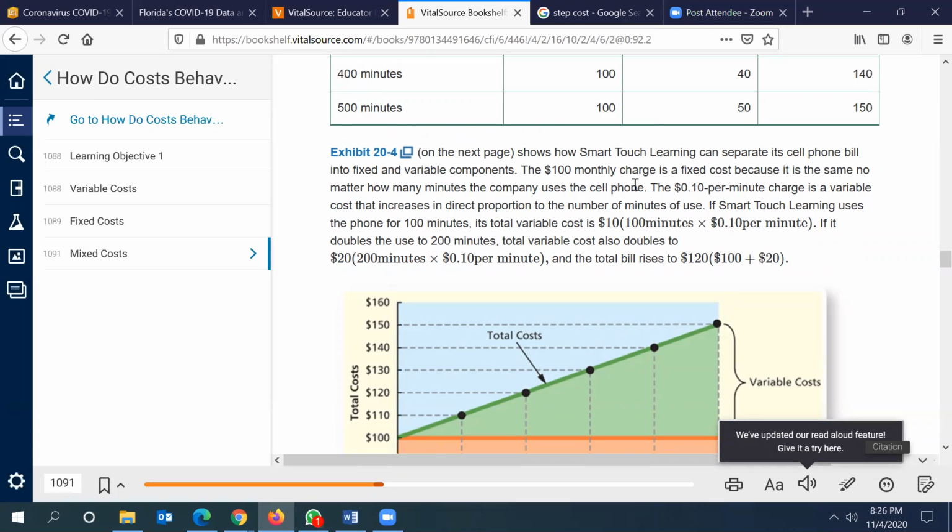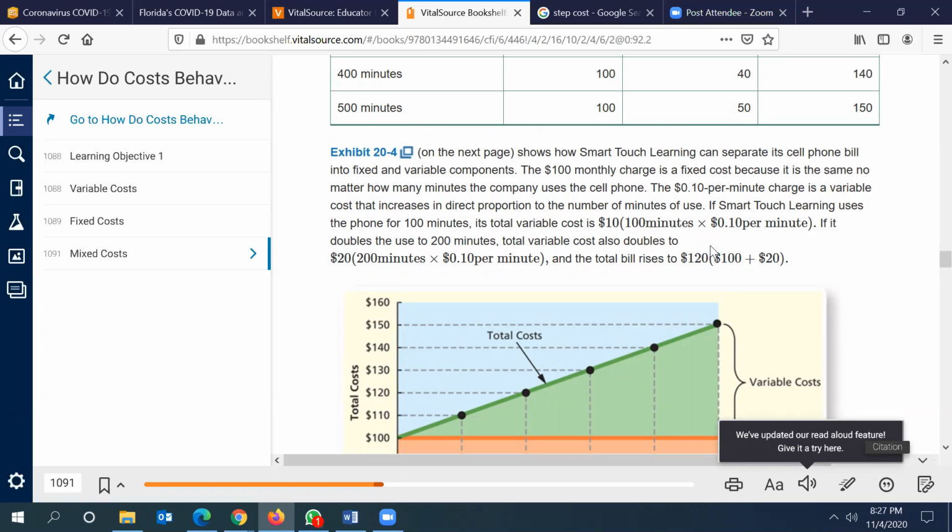I don't know why they don't have an unlimited plan, but they don't. So if Smart Touch Learning uses the phone for 100 minutes, its total variable cost is $10. So 100 minutes times 10 cents per minute. Quite easy to find. It's rather like a company's total variable cost once again, same sort of equation.